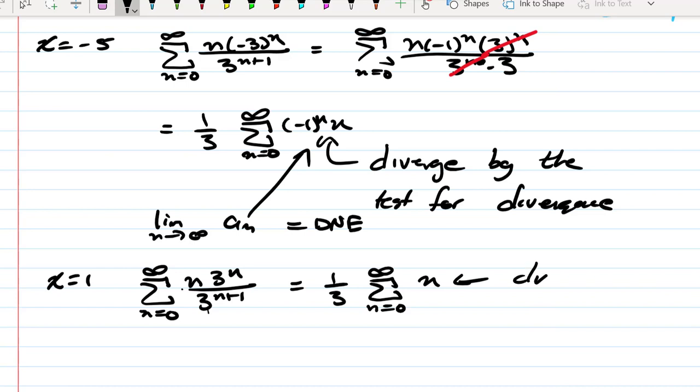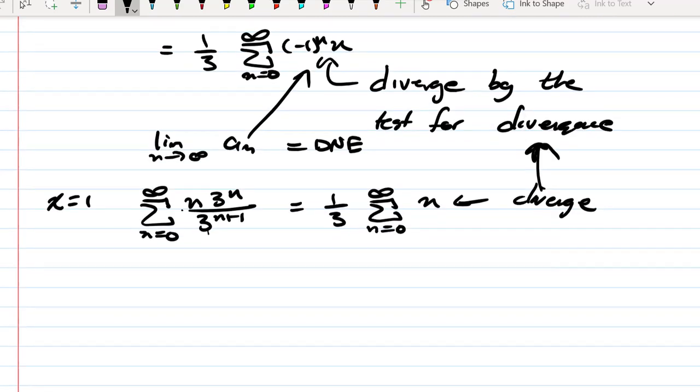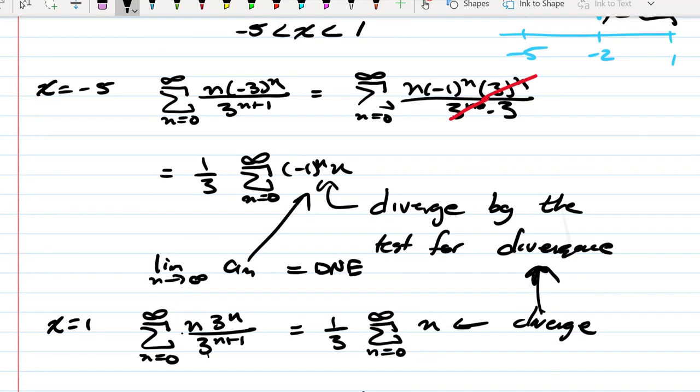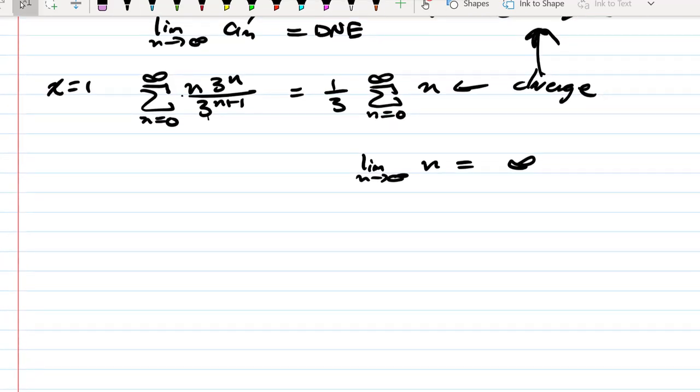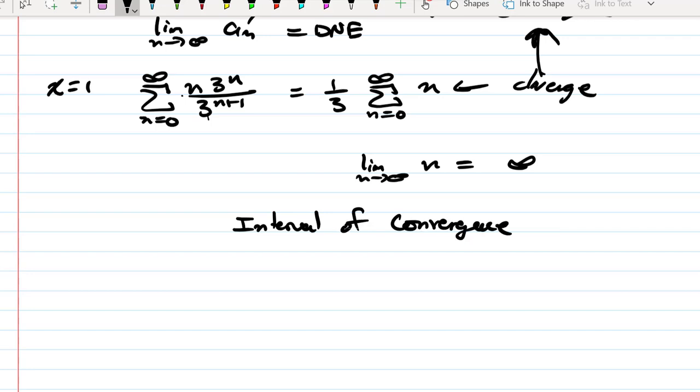And this is also going to diverge by the test for divergence, because the limit as n goes to infinity of n equals infinity. So this series, the interval of convergence, is negative 5 to 1, and it doesn't converge at either endpoint.